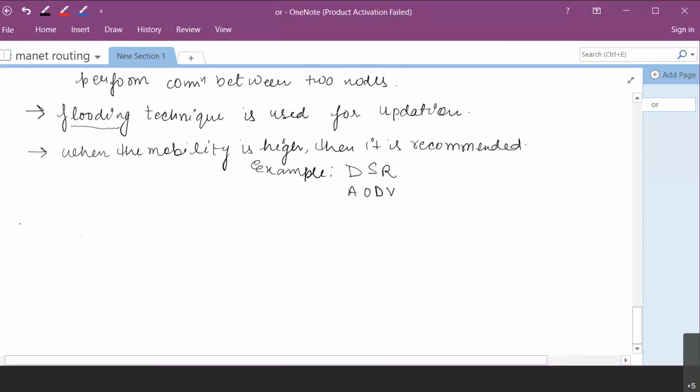Now the last one is called the hybrid protocol. In the hybrid routing protocol, as I told you, this is the combination of both of the routing protocols above, the proactive and the reactive.